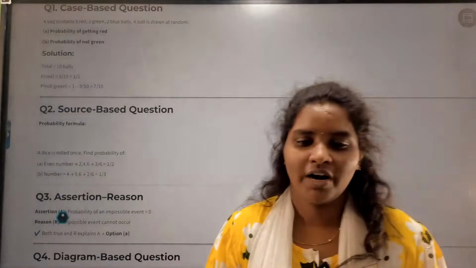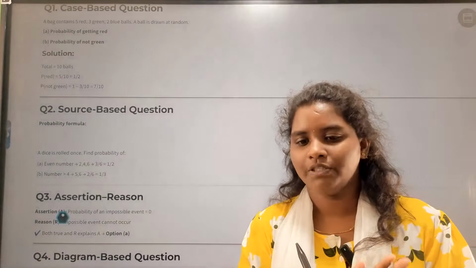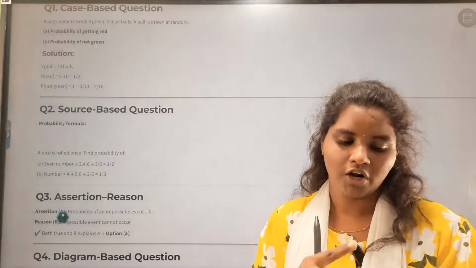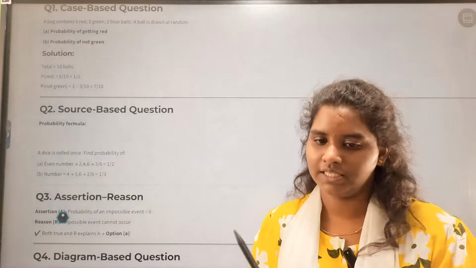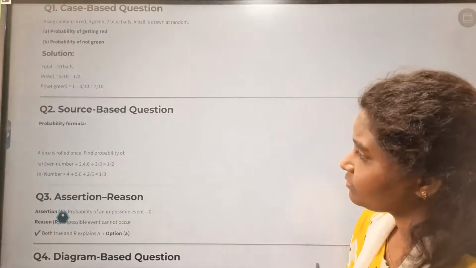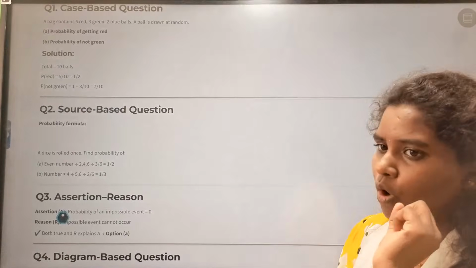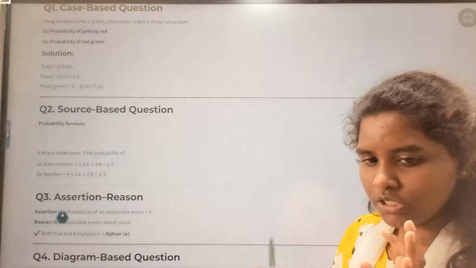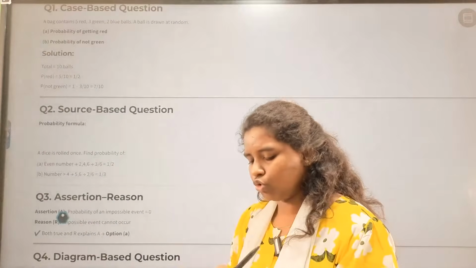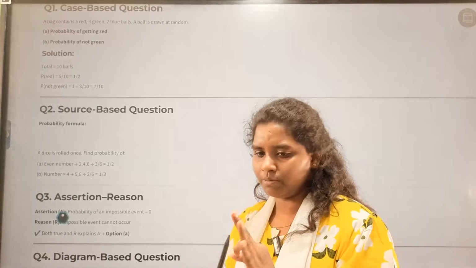If I throw a die, the total sample space is 6, right? 1, 2, 3, 4, 5, 6. The even numbers are 2, 4, 6, so 3 numbers are even.